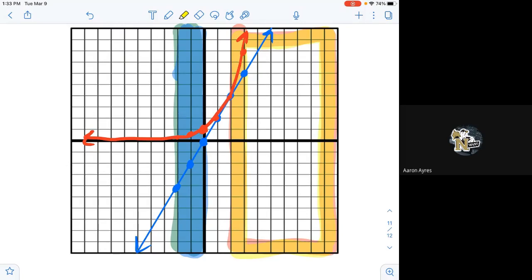Okay. Right. So function g is the exponential.